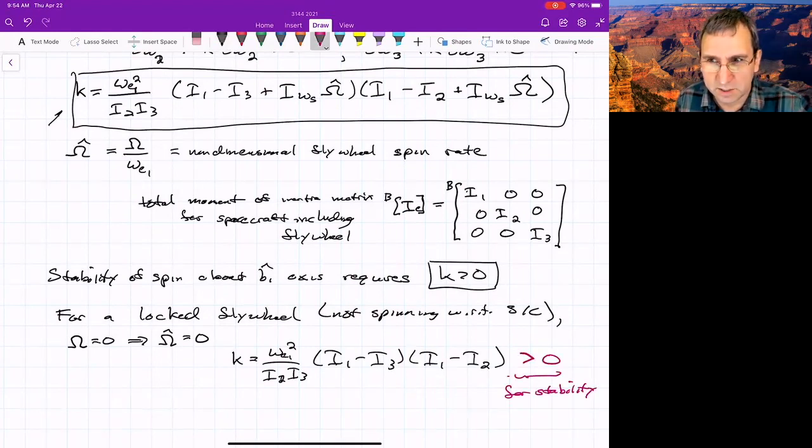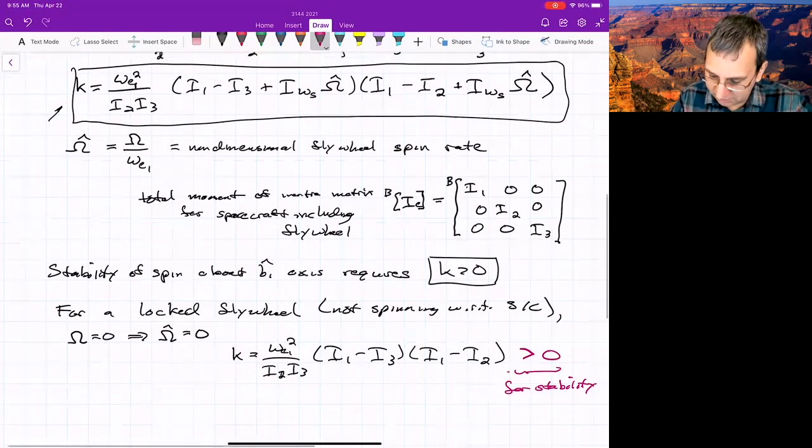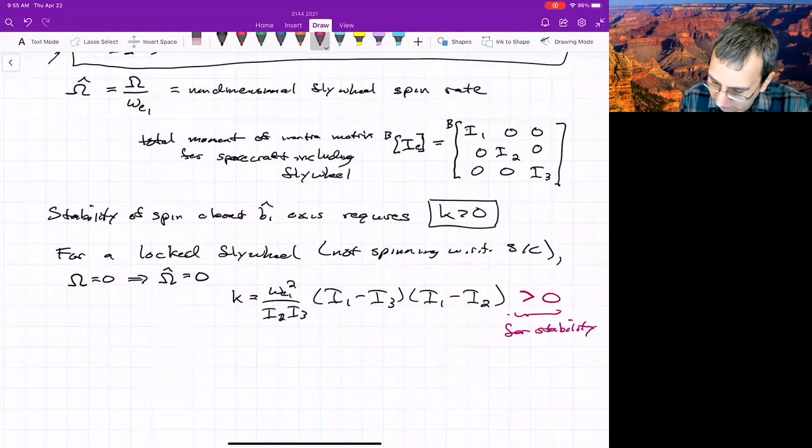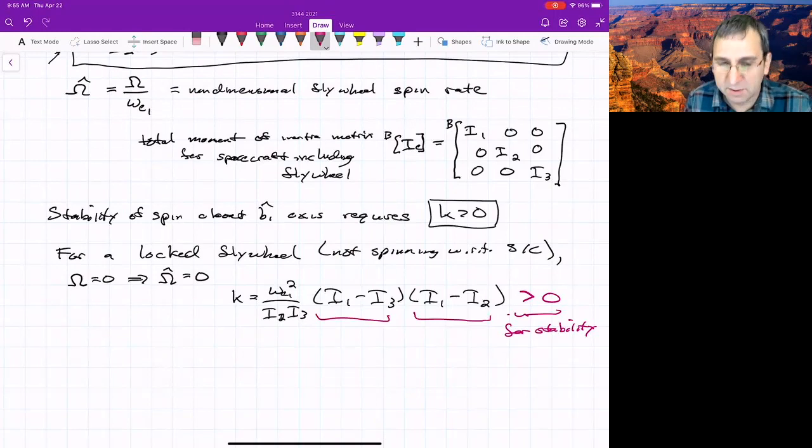So we're basically just going to see, do we recover what we expect for the free rigid body? And if you remember, the maximum inertia case and the minimum inertia case were the ones that were stable, and the intermediate would not be. So for this to be positive, both of these terms in here have to have the same sign.